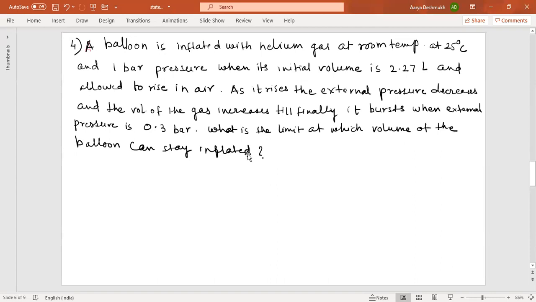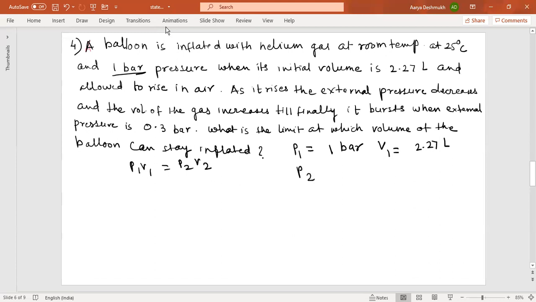So what is the volume? Means you need to calculate the volume here. Again here is a hint that at room temperature means you need to use your Boyle's law. So write down again Boyle's law, that is P1 V1 equals P2 V2. P1, the initial pressure, is 1 bar. V1, the initial volume, is 2.27 liters.